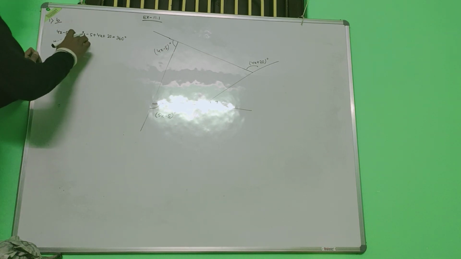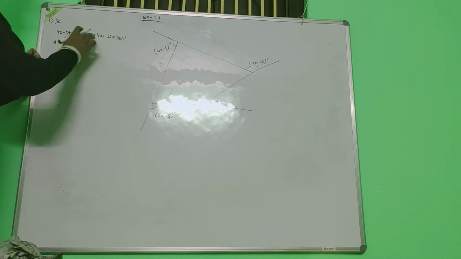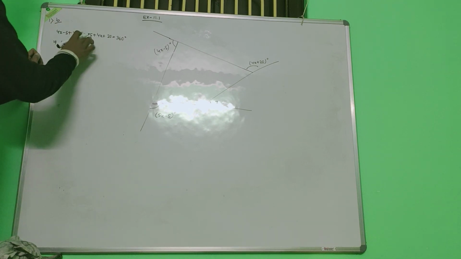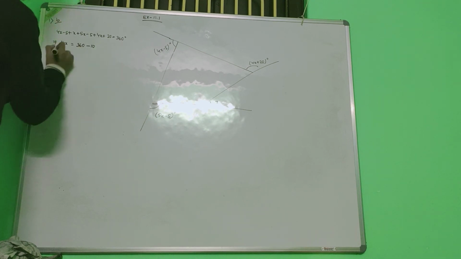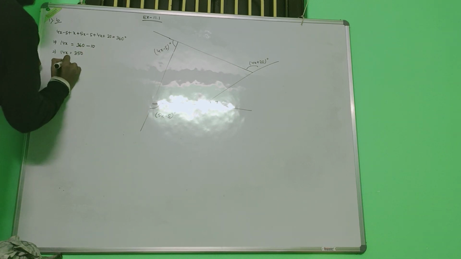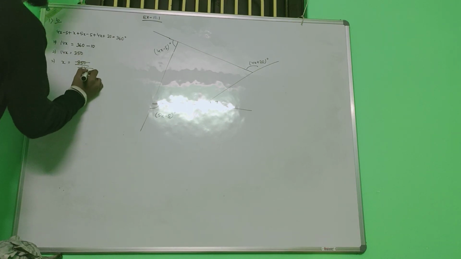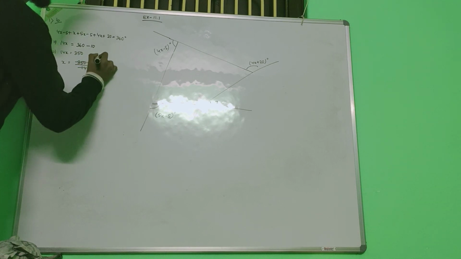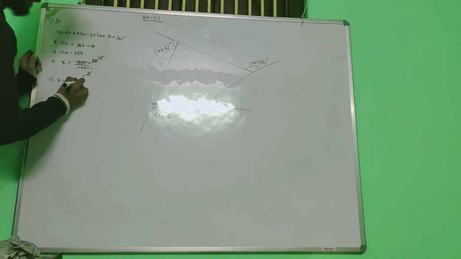Now 4x plus x plus 5x plus 4x is 14x, then minus 10. So 360 minus 10, which gives 14x equals 350, so x equals 350 divided by 14. If you cut by 7, it is 50 divided by 2, again cut with 2, 25. So x will be equal to 25 degrees.